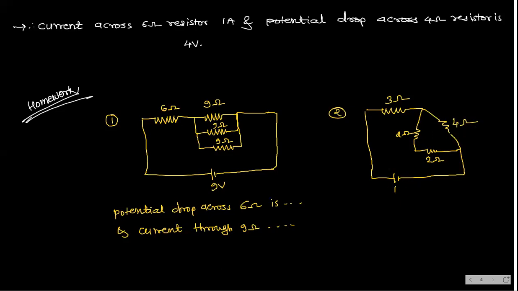Okay, this is 10 volt, and you just find the current through the 2 ohm resistor. That is what you have to do: find the current through the 2 ohm resistor.